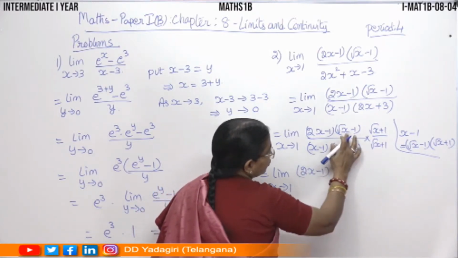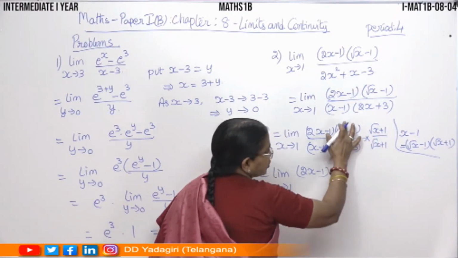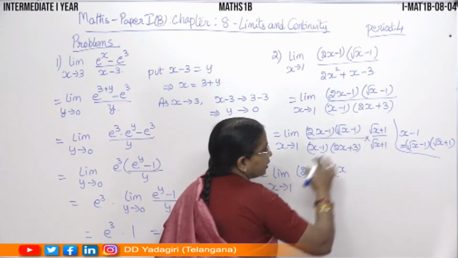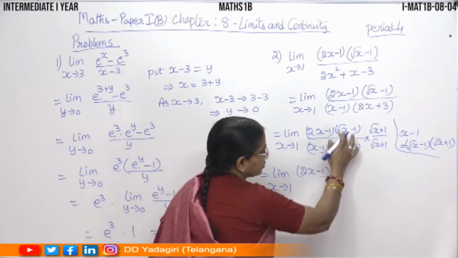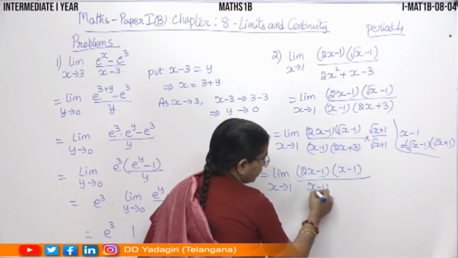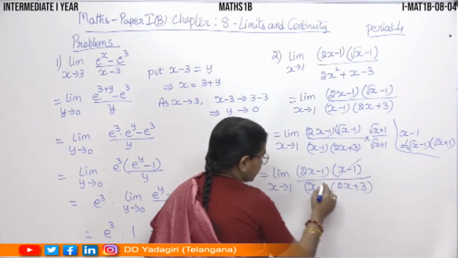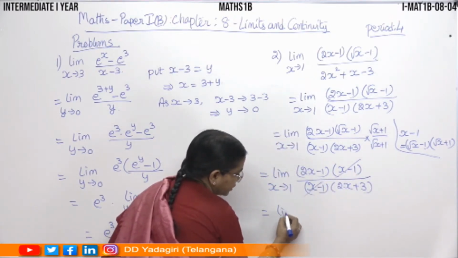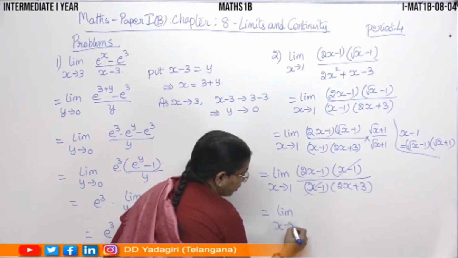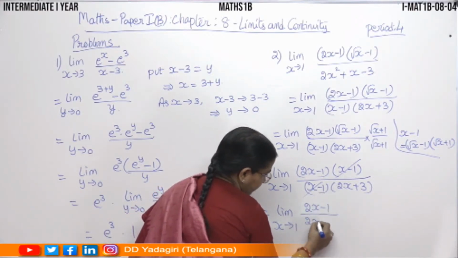(2x minus 1) into (root x minus 1) into (root x plus 1). So that is (root x) whole square minus 1, a minus b into a plus b, a square minus b square. So x minus 1 by (x minus 1) into (2x plus 3). So now this x minus 1 gets cancelled. So it is limit x tending to 1 of (2x minus 1) by (2x plus 3).